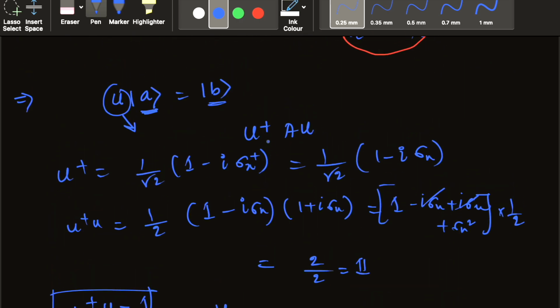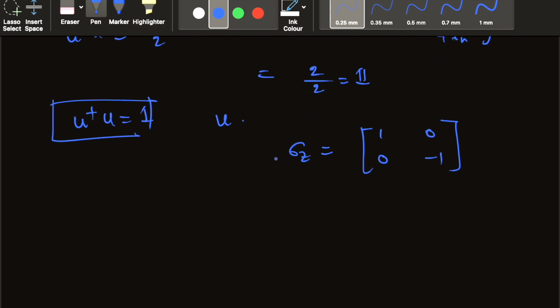So that will be U dagger, that will be 1 by root 2 into 1 minus i sigma x, sigma z, into 1 plus i sigma x into 1 by root 2.